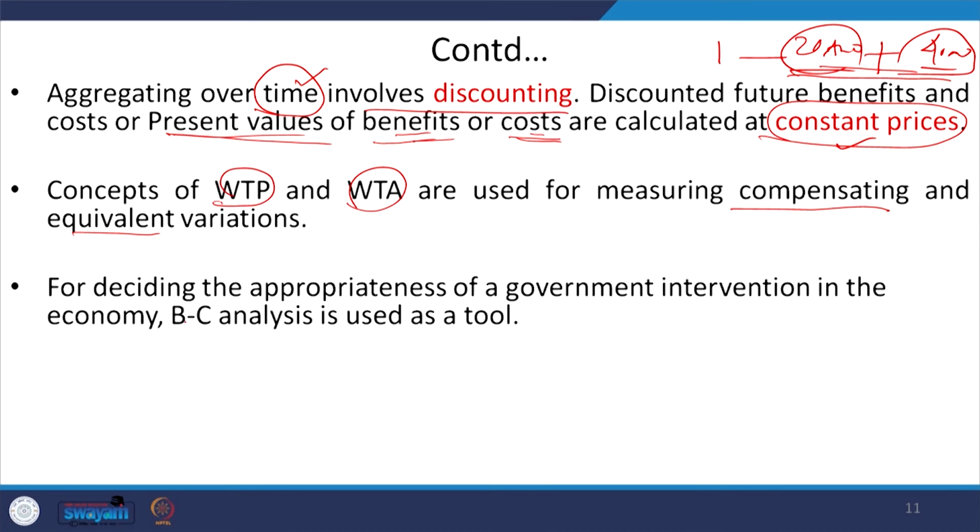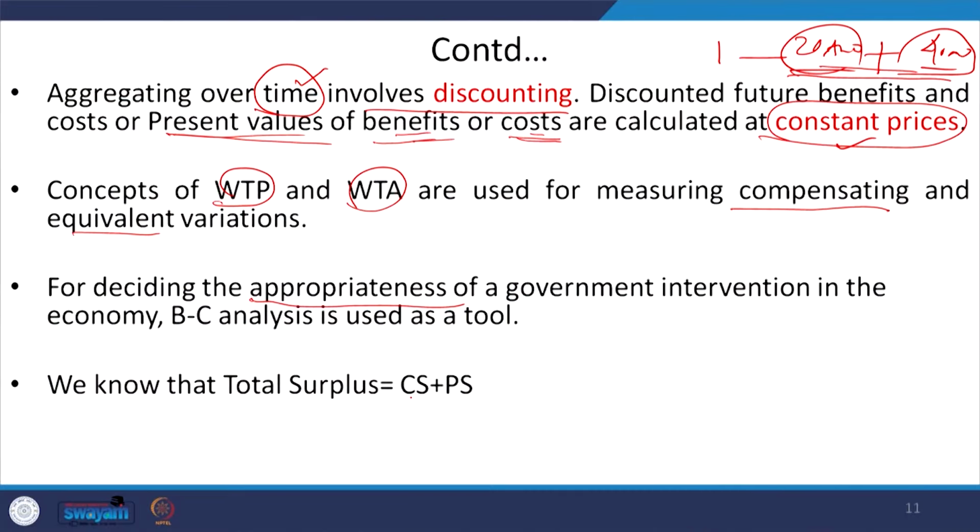For deciding the appropriateness of a particular government intervention in terms of a policy or program, benefit cost analysis is one of the best tools that can be taken into account, because it deals with almost all the factors that need to be taken.